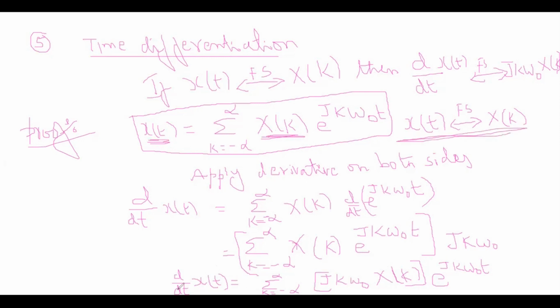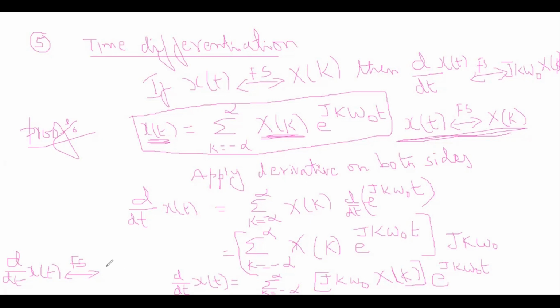Now, in this equation also, what is the relation? The d by dt of x of t is a Fourier series relation. Since here for x of t I am taking the Fourier series relation, here instead of x of k, what is the term?